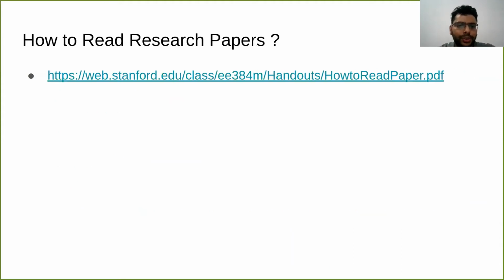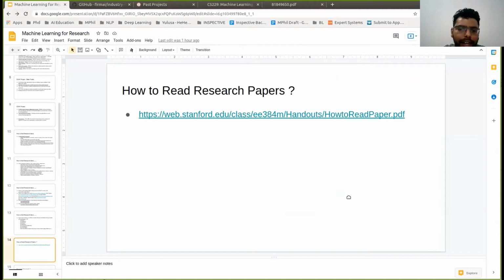Now, after you have identified the problem and the research idea, one thing that you will have to do is read lots of research papers. The main idea is to see what existing or similar projects are there that relate to the research idea you have selected.